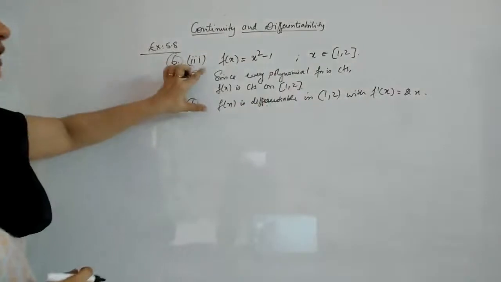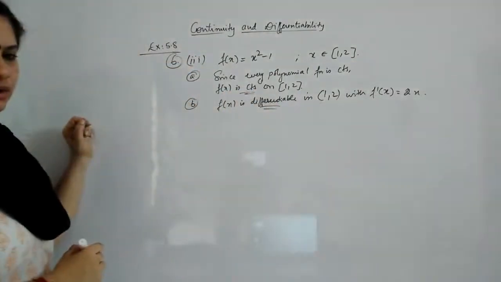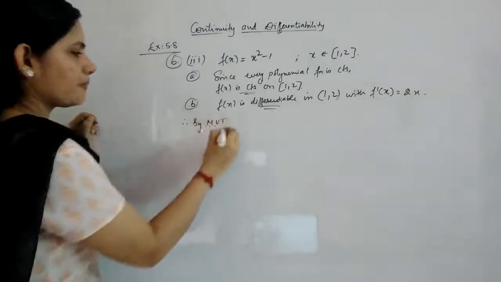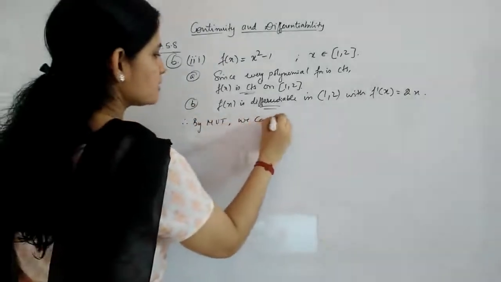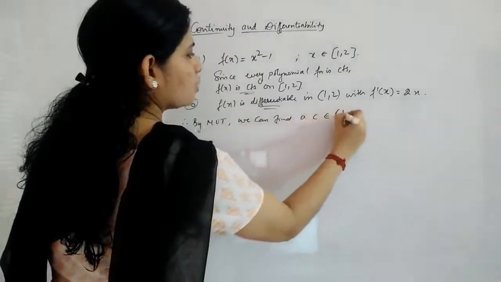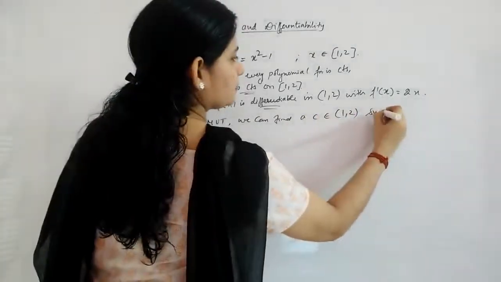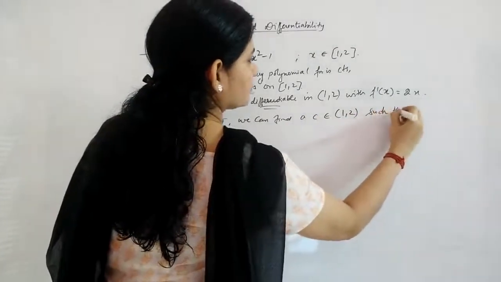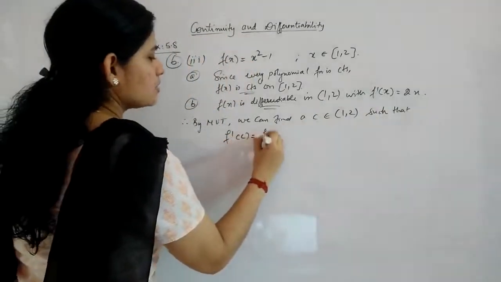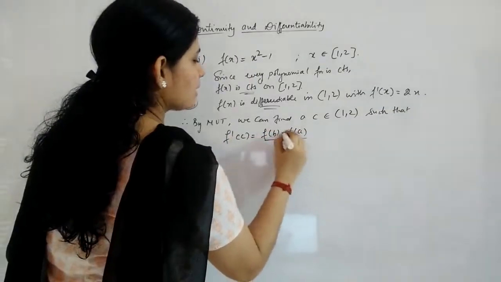If these two conditions, continuity and differentiability, are satisfied, you can apply mean value theorem. So therefore by mean value theorem we can find a c in the open interval 1 comma 2 such that f dash of c is equal to f of b minus f of a divided by b minus a.